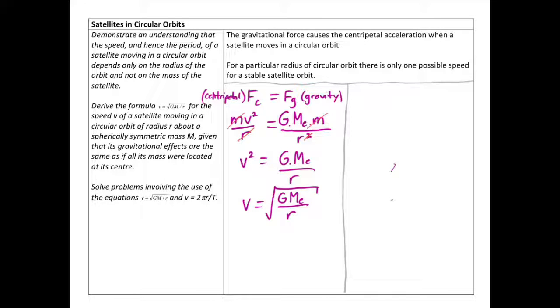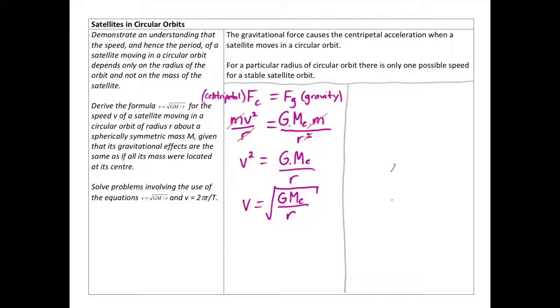The second thing I want to look at, and I covered this as I went through, but just to be really explicit about it, is to demonstrate an understanding that the speed and hence the period of a satellite moving in circular orbit depends only on the radius of the orbit and not the mass.